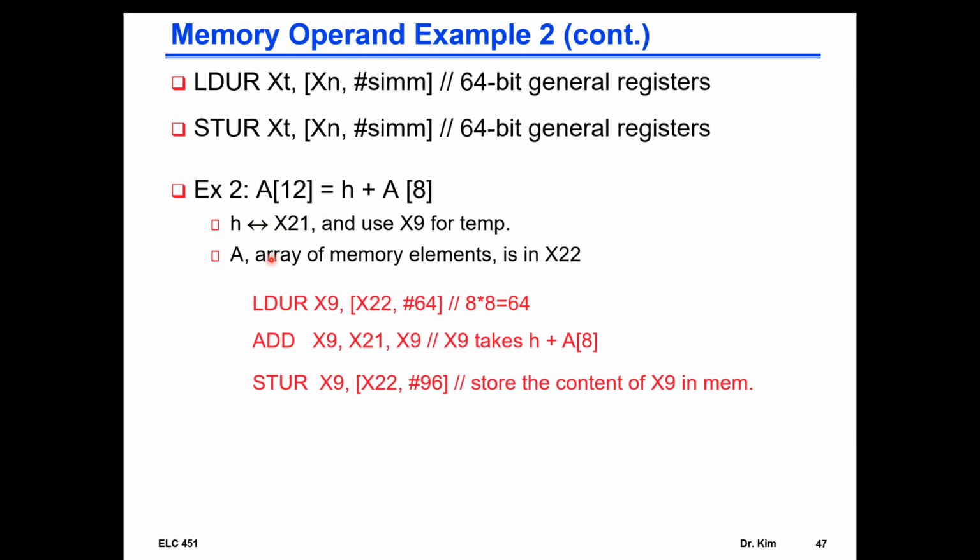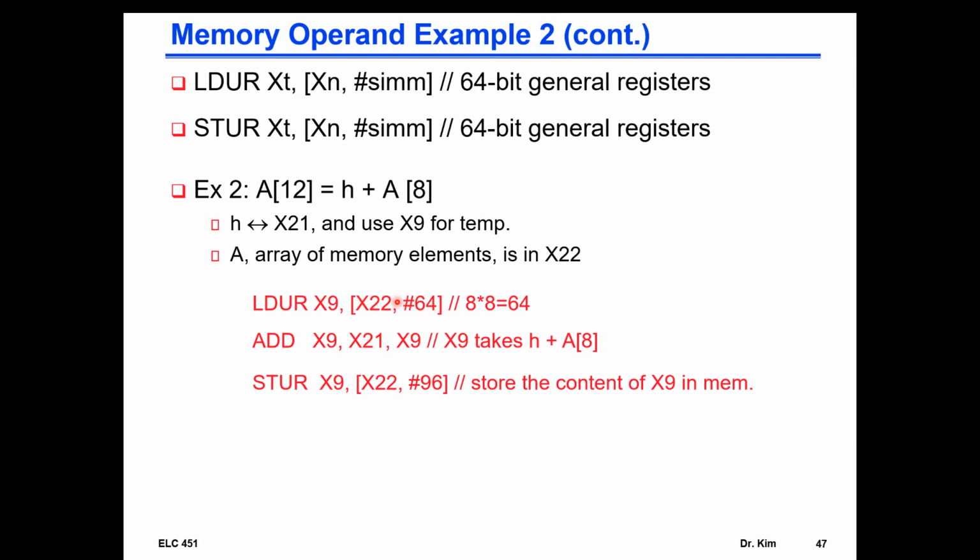So this is the whole example here. So here we are loading A of 8. In this case, 8 times 8 is 64. That's the displacement. Register 22 will have the address of the beginning of the array, or A of 0.